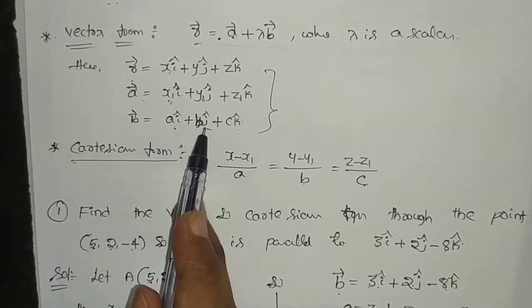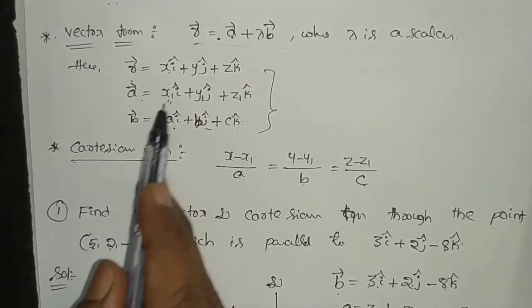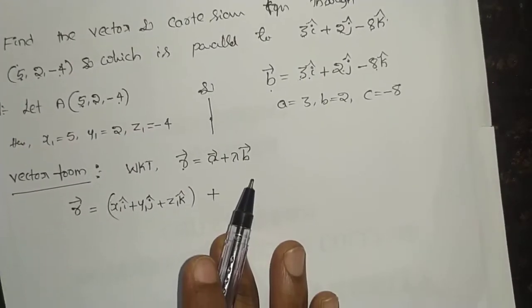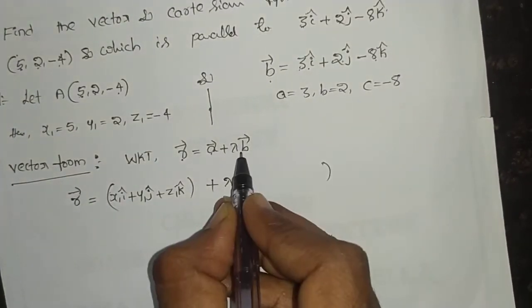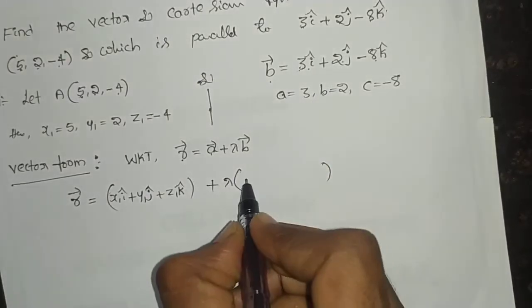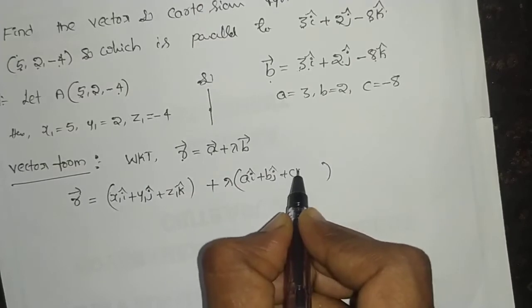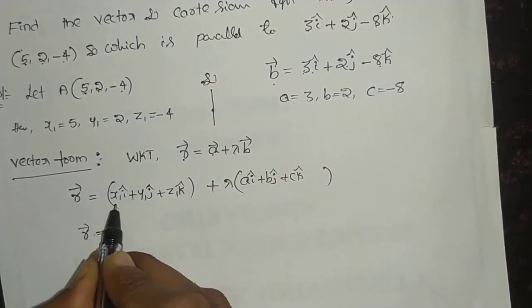B vector is ai plus bj plus ck. I am just substituting these vectors in this equation, in the problem. Lambda into b vector. B vector is what? ai plus bj plus ck. Understand? That is equal to R vector equals x1 i.